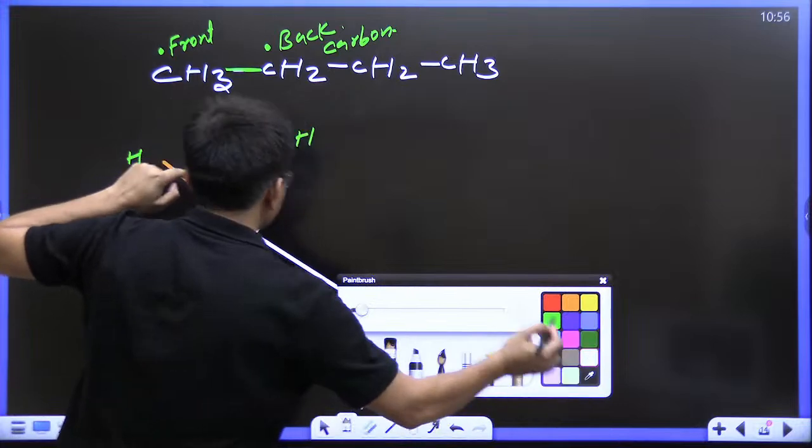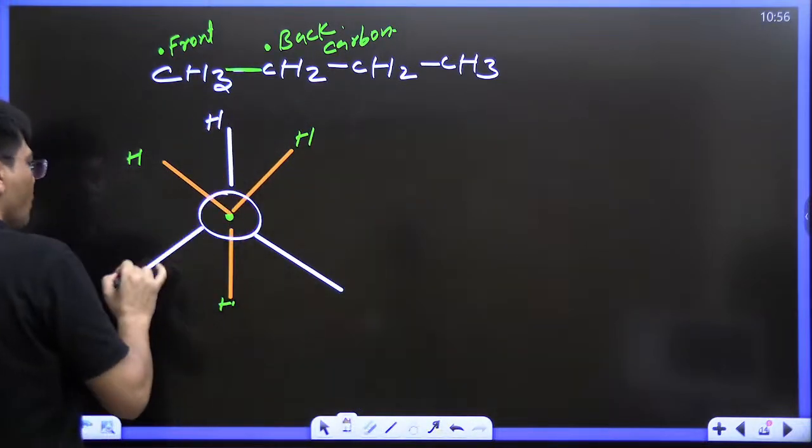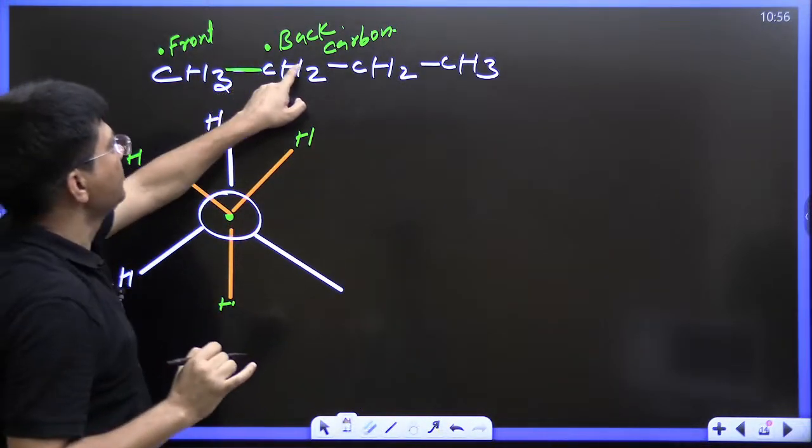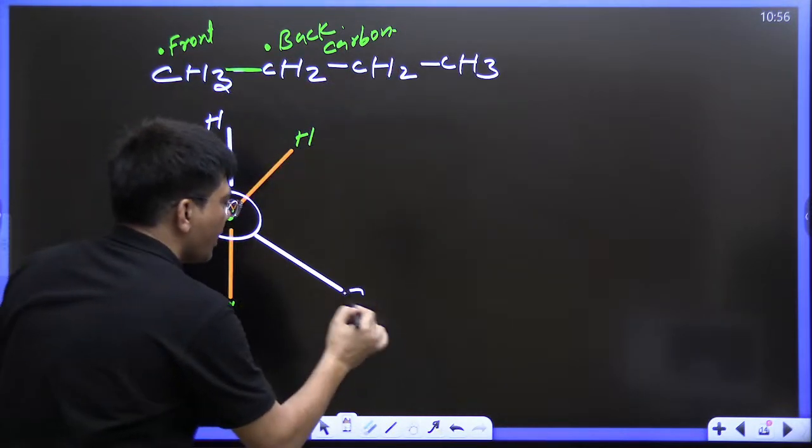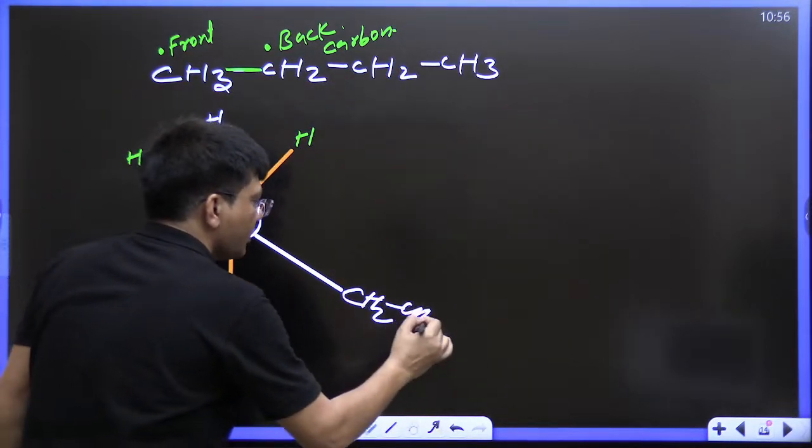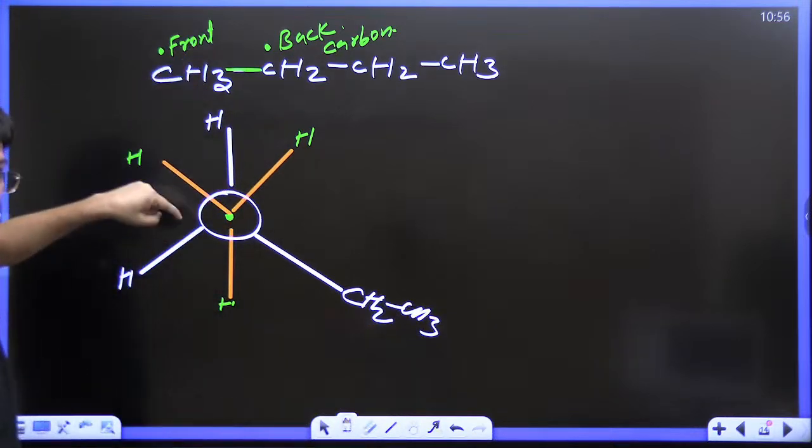Let me put 1 hydrogen over here, 1 hydrogen over here. Now this carbon is attached with ethyl also, so I have placed CH2, CH3. So this is n-butane. Are you able to understand?